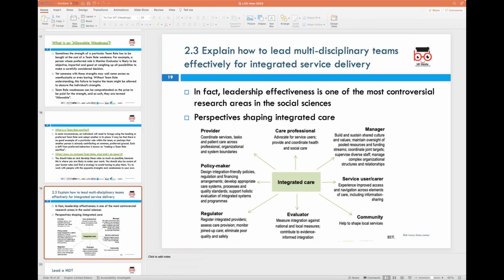In the second outcome, we've talked about skills which are required to build these teams and to keep them motivated. And in the last one, what we want to understand is how do we lead these teams? If you're in that position wherein you have to provide leadership, then how do you go about providing leadership in a way wherein the MDT can be effectively used to deliver integrated service to patient care, in this case specifically within the health and social care sector or within the NHS.